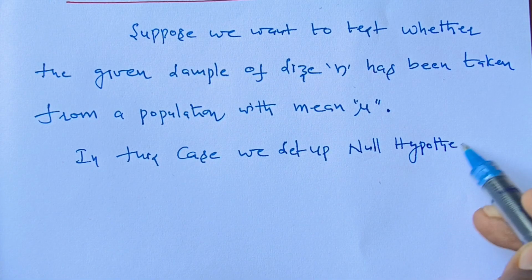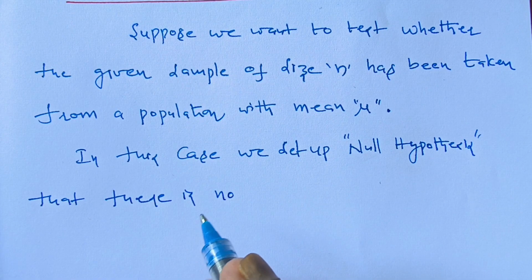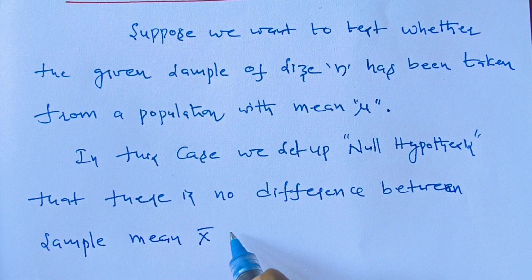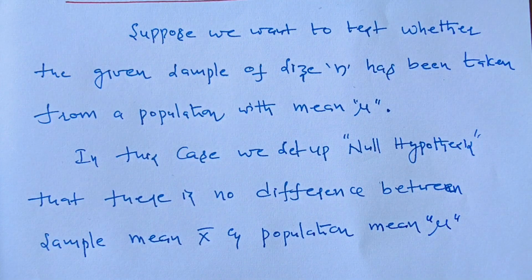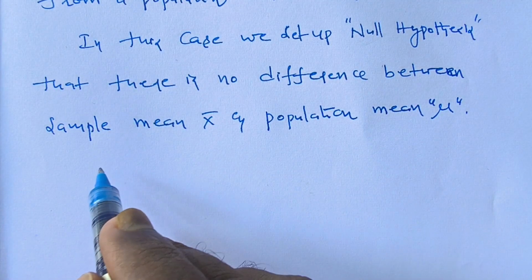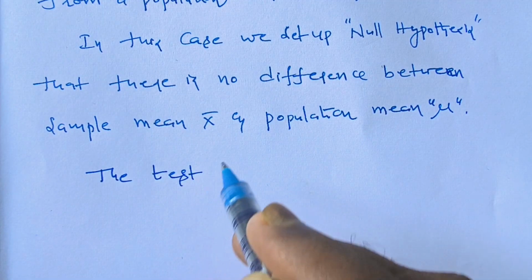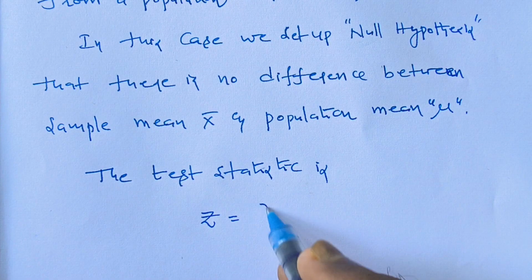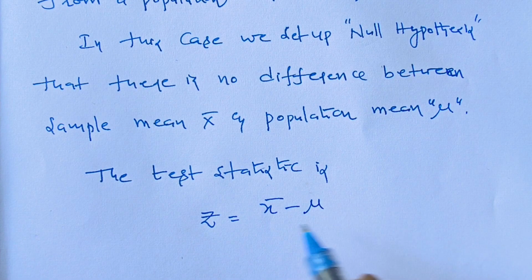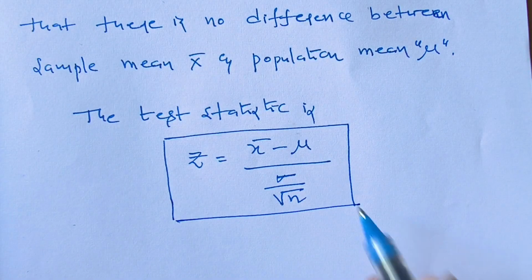In this case, we set up the null hypothesis that there is no difference between sample mean x bar and population mean mu. In this case, we use the test statistic, the normal distribution formula, that is z equals x bar minus mu by sigma by root n.